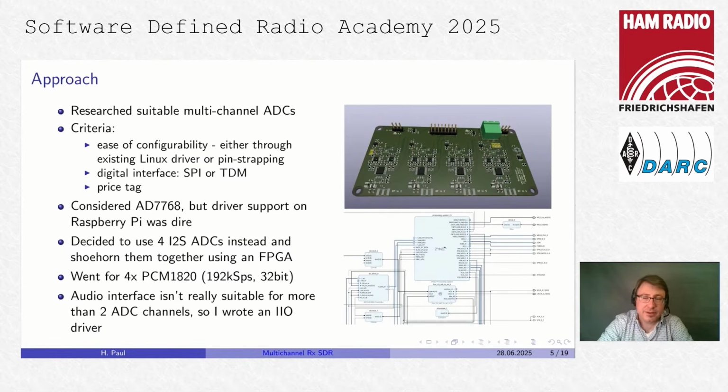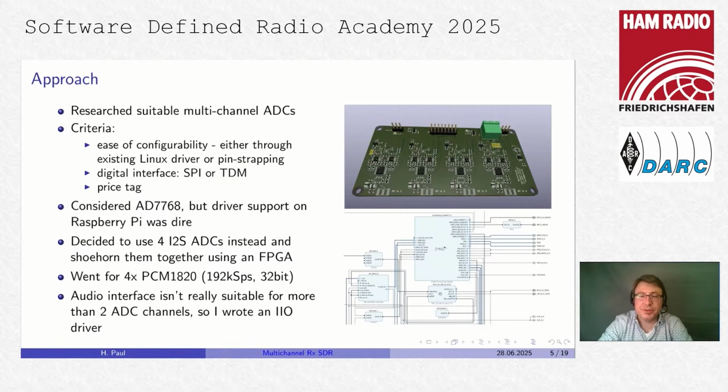So I had a look at a lot of different ADCs, and one candidate was the Analog Devices 7768. But I was originally planning to use this board in combination with a Raspberry Pi. It's an SPI ADC.